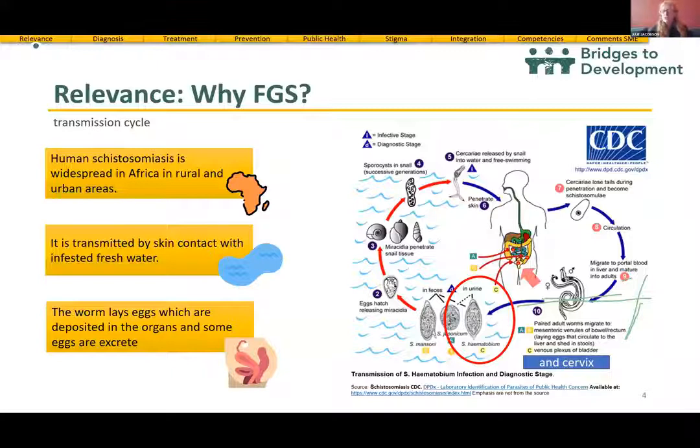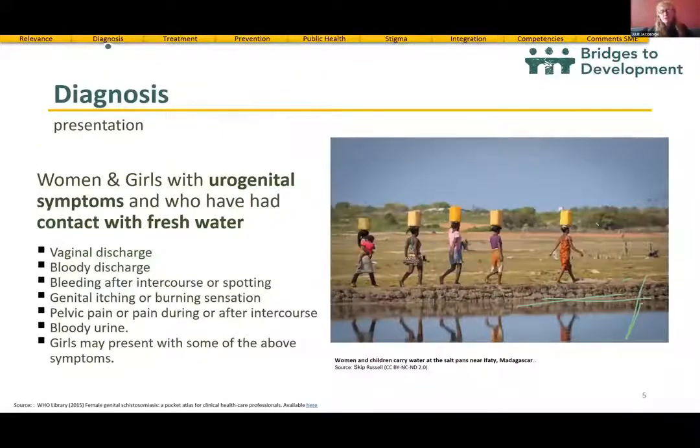That's when the eggs are re-released into the environment, and that continues the life cycle of the parasite. So women and girls who have urogenital symptoms have had some contact with fresh water. And as we know throughout Africa, contact with fresh water is a part of everyday life.